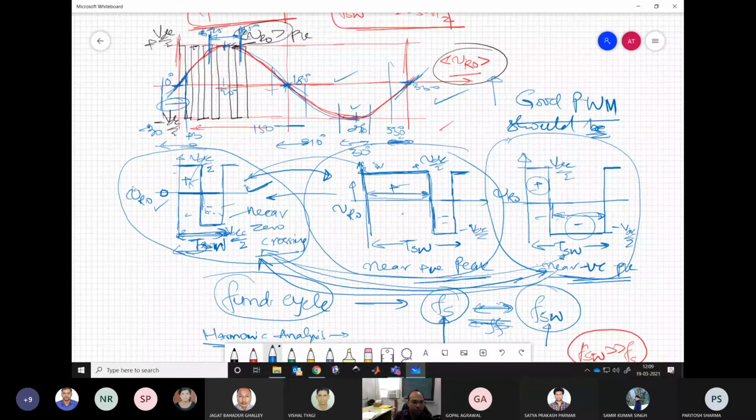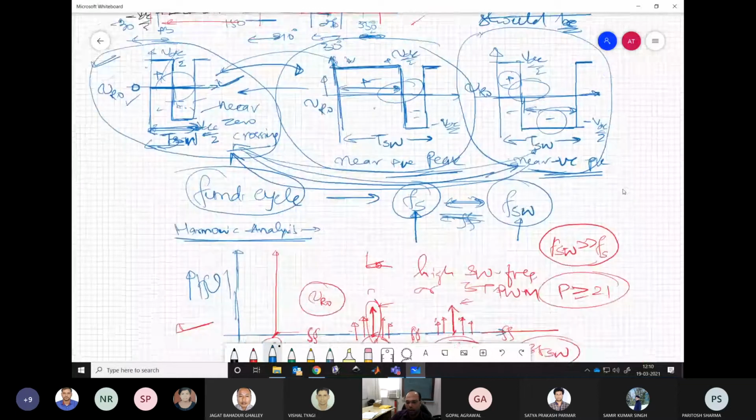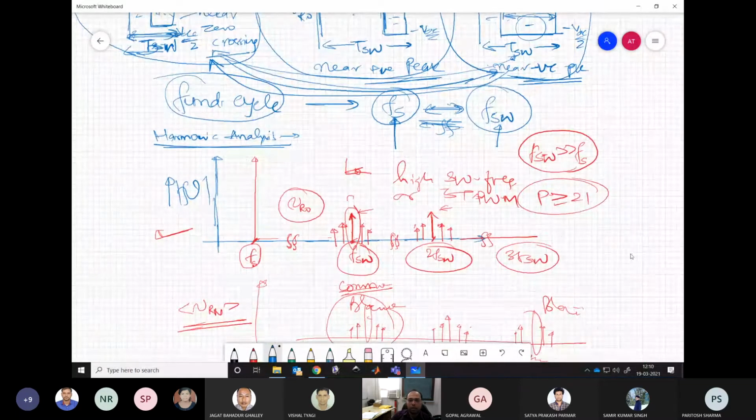Some checkpoints I have given: at the zero crossing of the waveform, near the positive peak, near the negative peak, we have different widths for the positive and negative pulses. That is how we can judge whether the waveform is good or not.